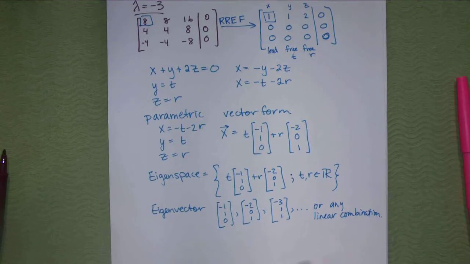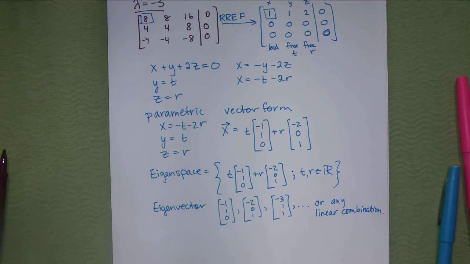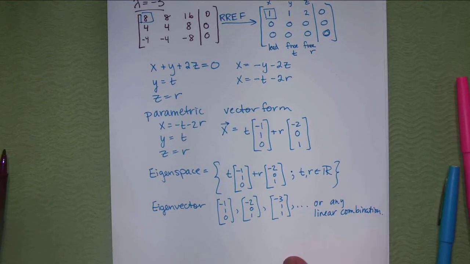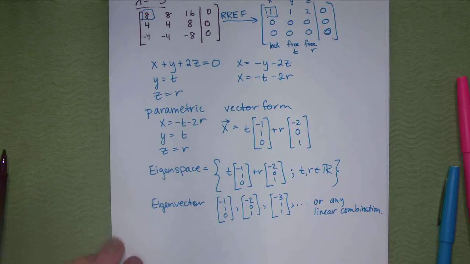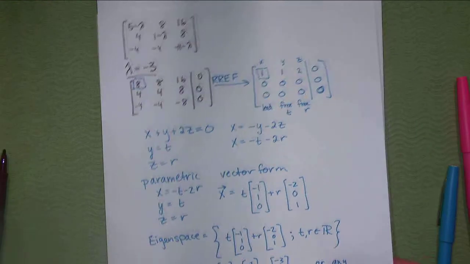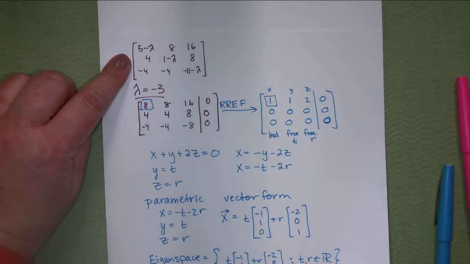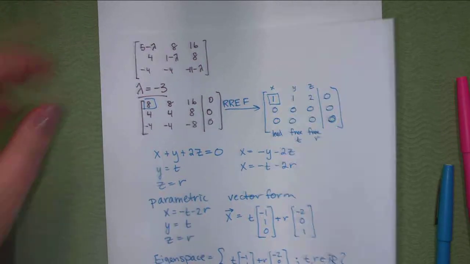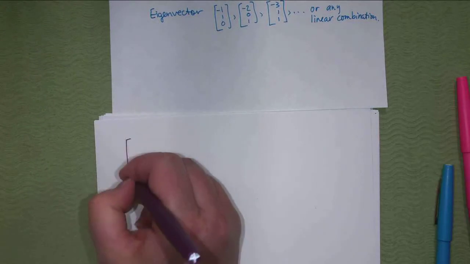All right, so that was for lambda is -3. You still have to do the same thing for lambda is 1. So I've got my A minus lambda here. We're going to plug 1 in and do the same thing. I'm just going to rewrite it.